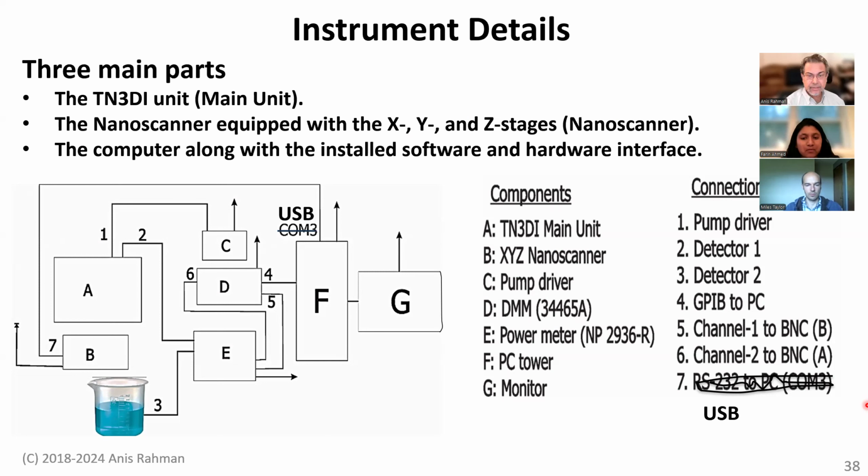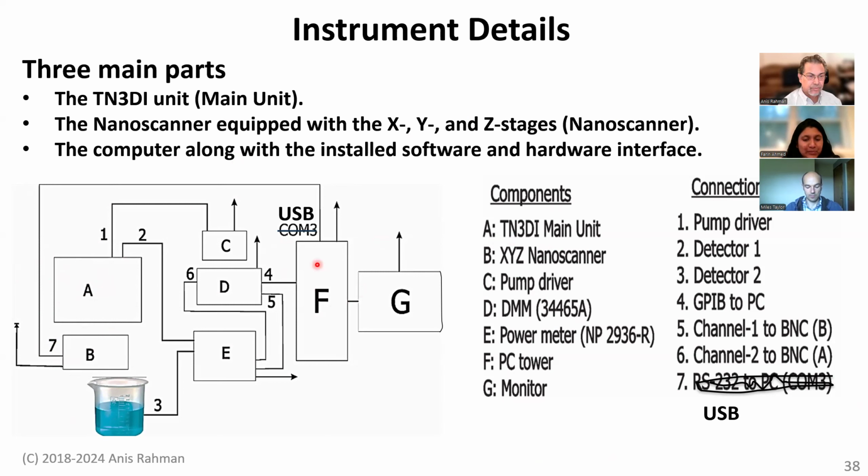And then, of course, you need a computer to do all the manipulations. And this is how they are organized. The central box, which is the main unit, is connected with all the things, and finally, they are connected with the computer.